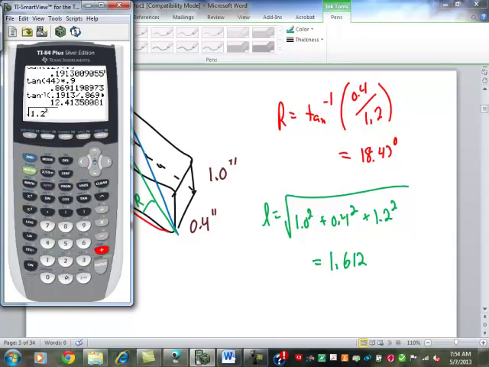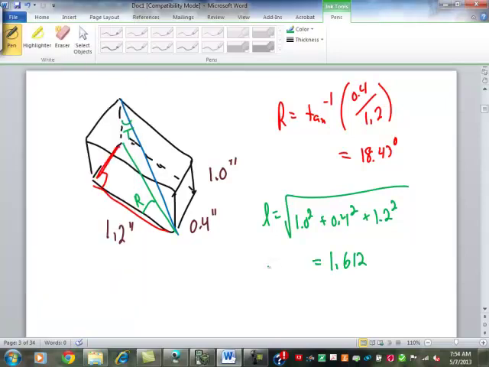That's right. I put the numbers in there wrong somehow. I'm getting 1.265. Okay, we'll go with 1.612.